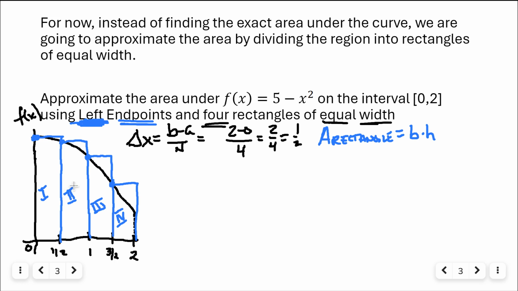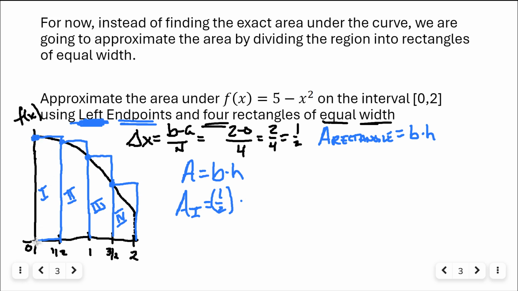So first thing, let's actually try to find the area of each of these rectangles. So each area is the base times the height. Let's try to find the area of rectangle number 1. Okay, so the base of the rectangle is this distance. So the base of it is a half a unit. Now to calculate the height, it's this point, right?